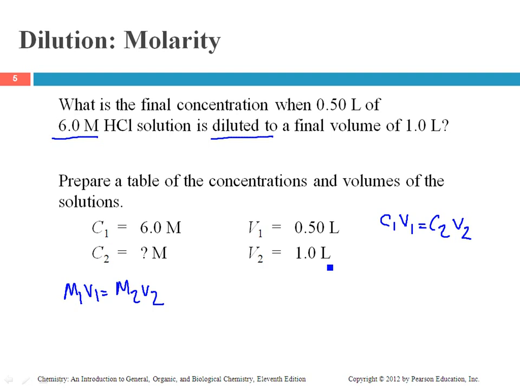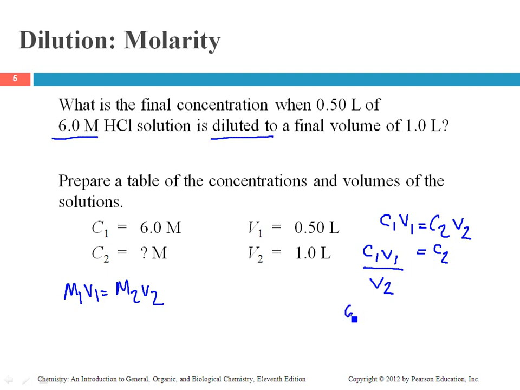You can rearrange the equation to solve for what you're trying to find. We're trying to find C2, so we isolate C2 by itself on one side of the equal sign. Then you just plug in the values.